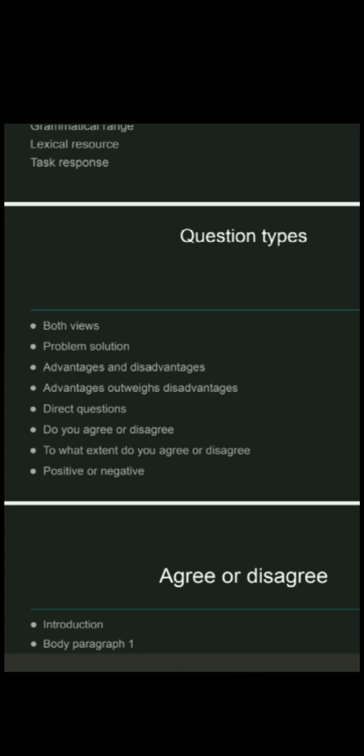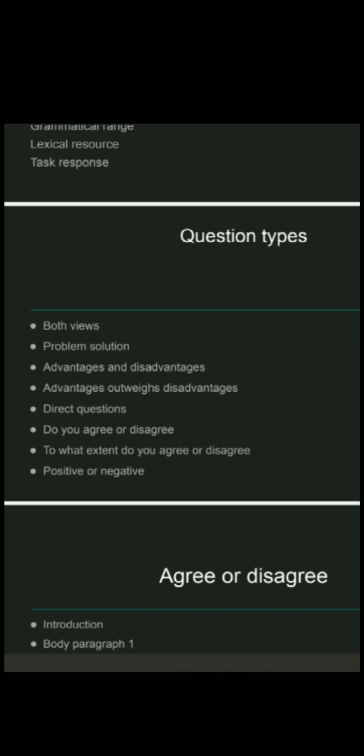Then advantages outweigh disadvantages. It means you have to mention that for the topic which is given, the advantages are really more than the disadvantages. Last one is direct questions. Direct question means they can ask you direct questions and you have to answer those questions according to you.